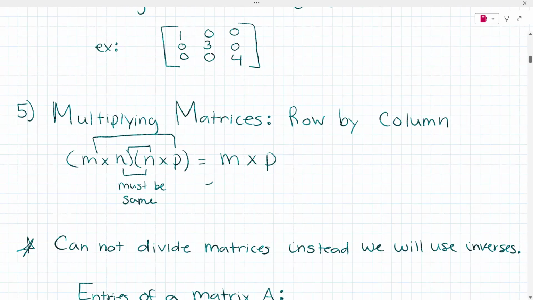So an example: 1 by 3 and 3 by 5. Let's call this matrix A and this matrix B. Can these two matrices be multiplied? Yes, because these two numbers are the same. And then your final matrix will be these two numbers, 1 by 5. Okay.